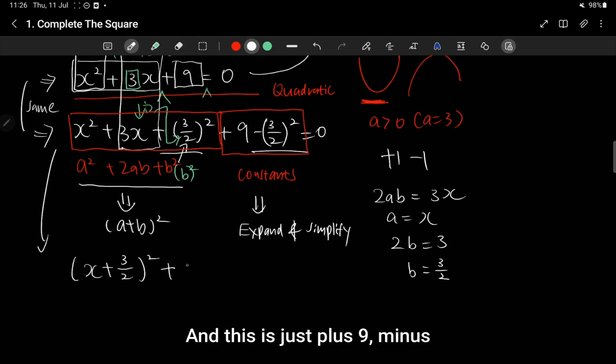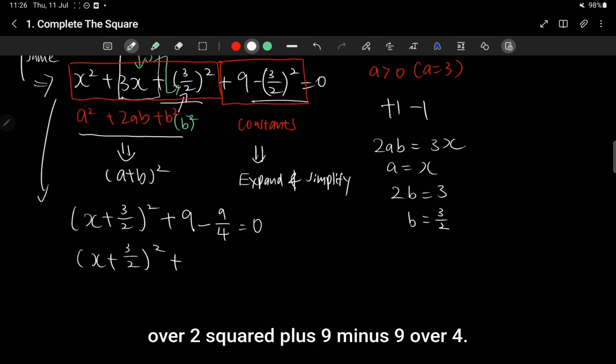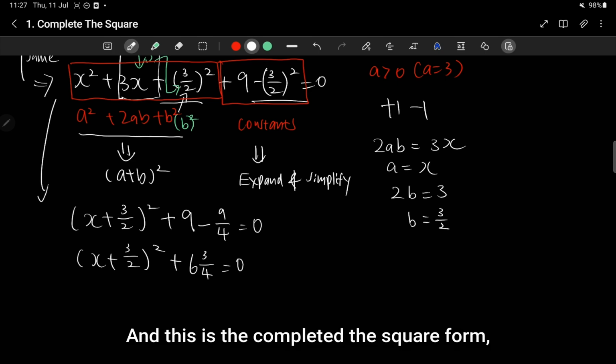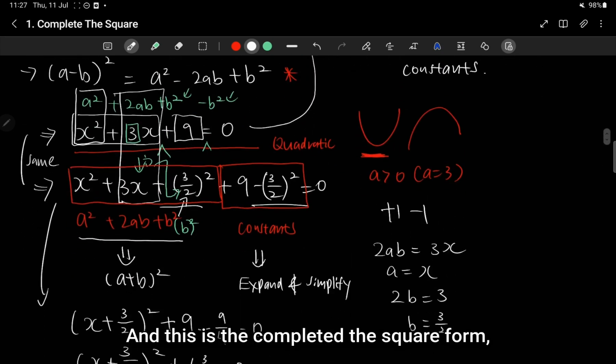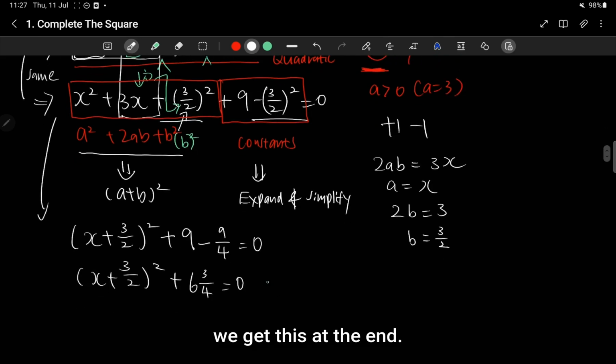And this is just plus 9 minus away your (3 over 2) squared. 9 minus 9 over 4 equals 0, and we just need to continue to simplify the equation. We'll get (x plus 3 over 2) squared plus 9 minus 9 over 4, which will get 27 over 4. And this is the completed square form. We get this at the end.